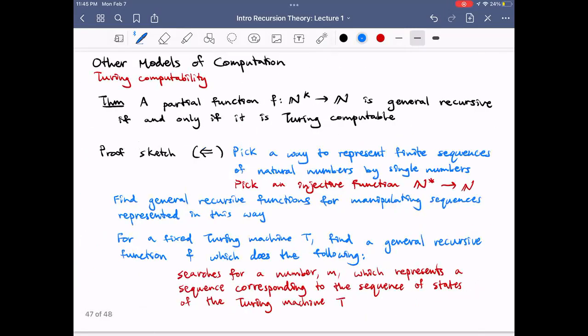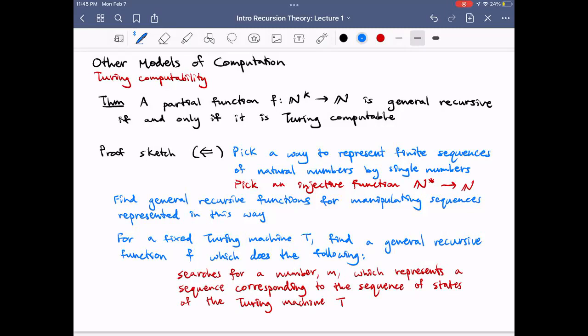And then to go back to here, how do you finish? Well, again, you would write this general recursive function, which has a single use of unbounded search. So that's why we needed to add unbounded search to the language to make it complete. And what does that instance of unbounded search do?